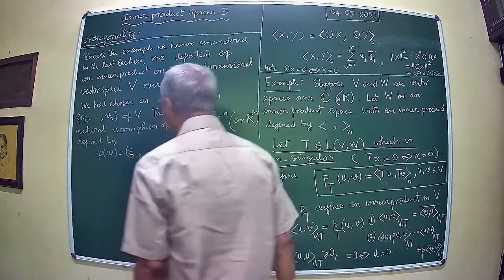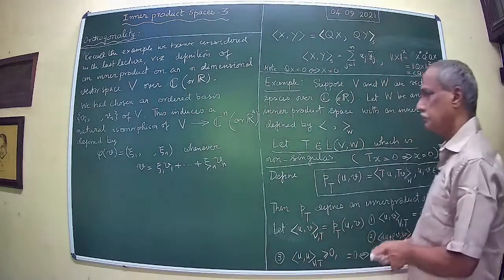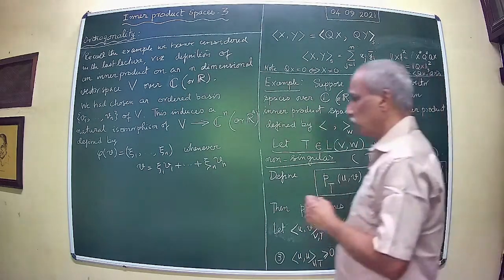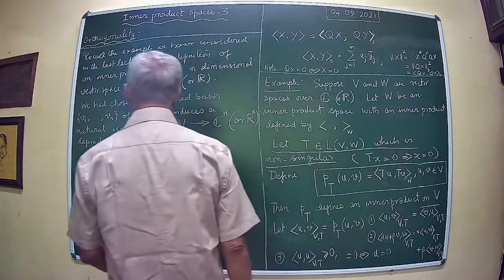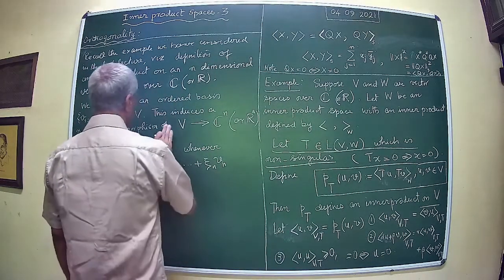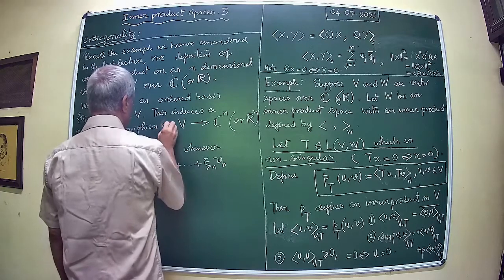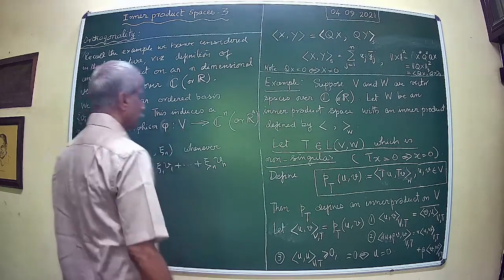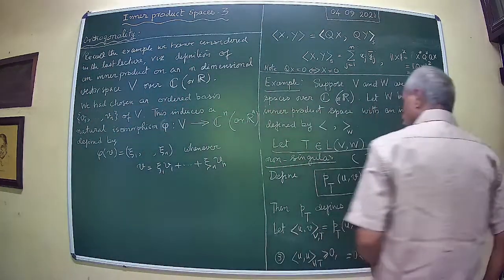Now this is well defined. So phi is the isomorphism. Okay.